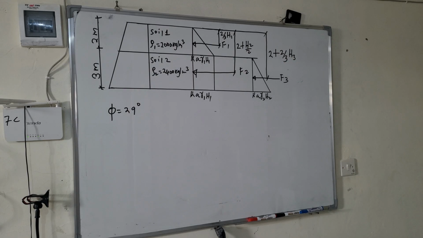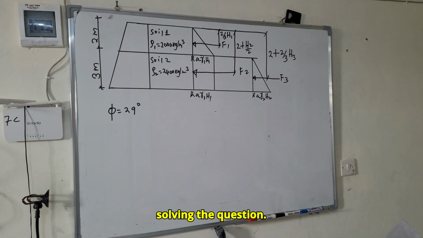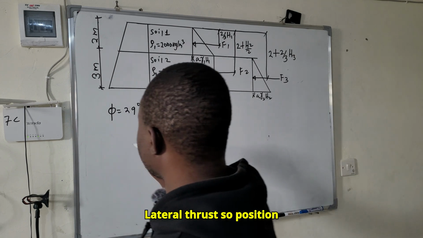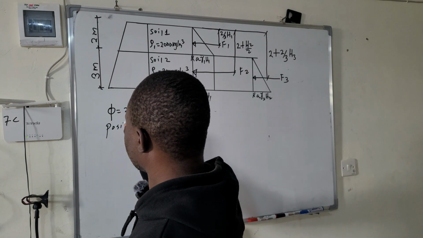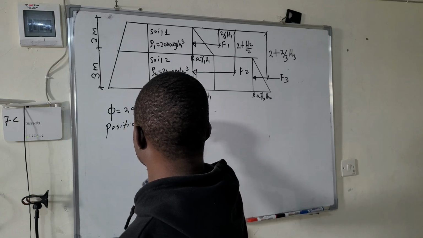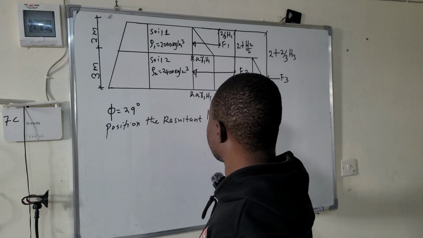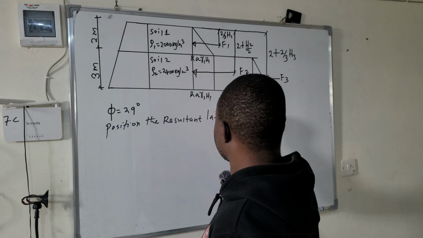After doing so, we now start solving the question. So you have been told to calculate the position of the resultant lateral thrust.